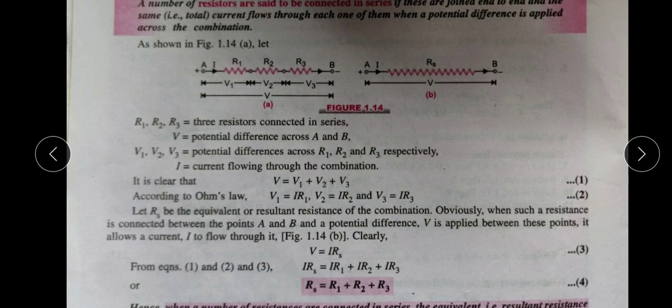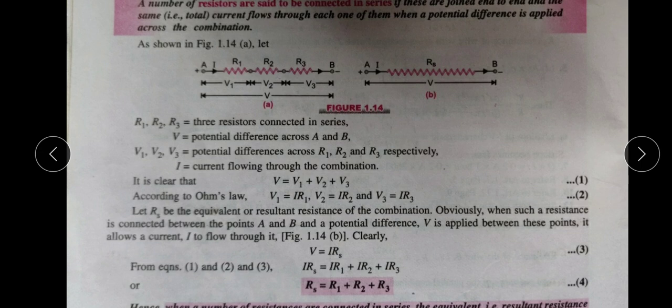Then we know that according to Ohm's law, V1 is equal to I into R1, where I is the same for all and R1 is the resistance of the first resistor. Then the potential difference across resistor R2, that is V2, is equal to I into R2.